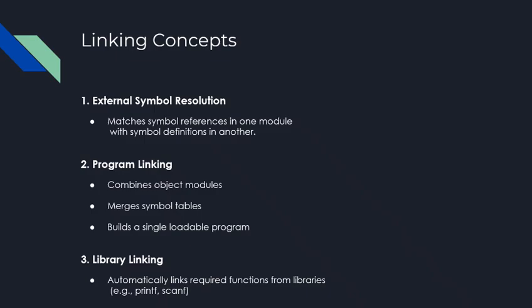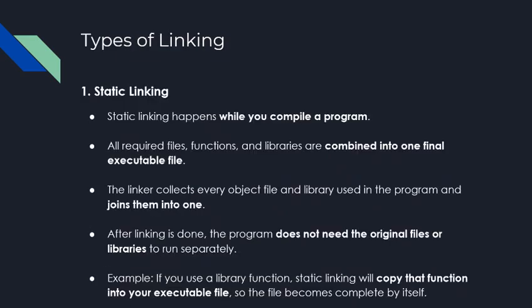Then the third concept is library linking. When we use built-in functions like printf or scanf, we don't write them ourselves. These functions exist in libraries. The linker automatically picks the required library functions and links them to our code. All these steps together make a rough code into a runnable program.